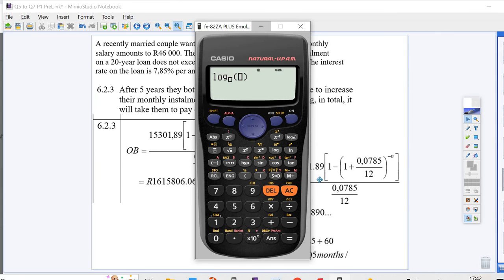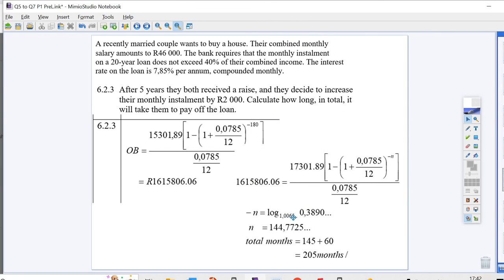They took the base, that's that 1 plus this. You can type it right into your calculator like that, 1 plus the interest. You don't have to change it to a number. Put in 1 plus that, and then put that fraction you got when you went 1 minus this times this divided by this, and then just press equals in your calculator, and you'll actually get negative 144.